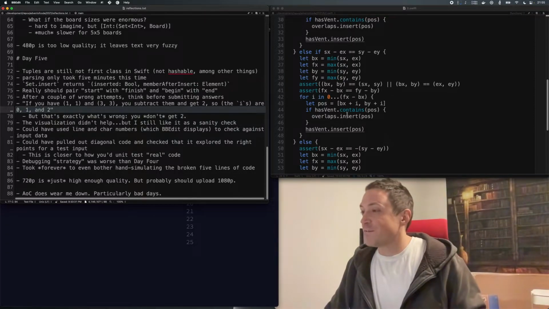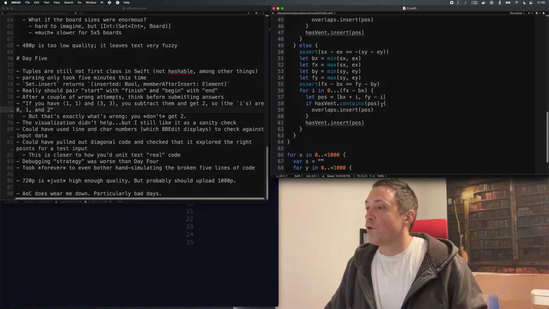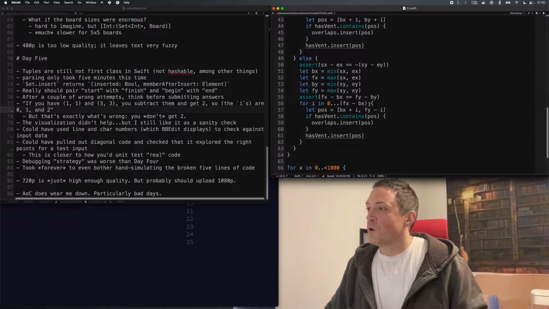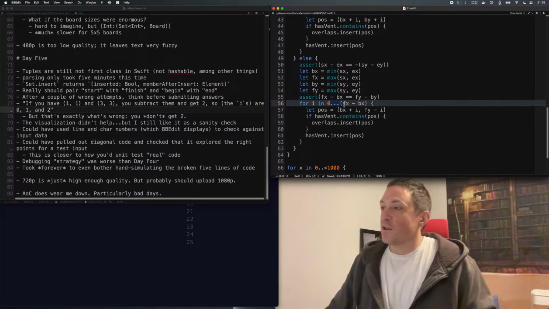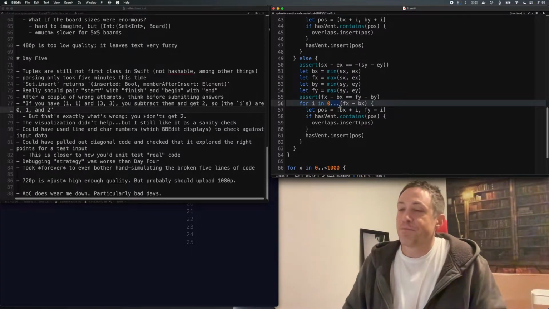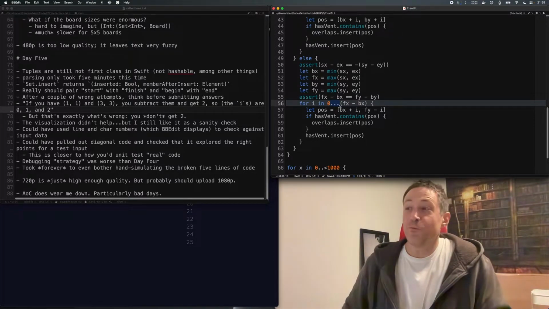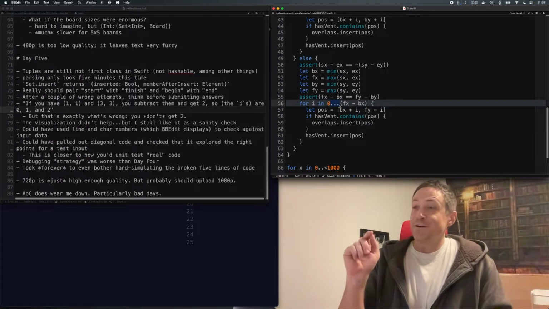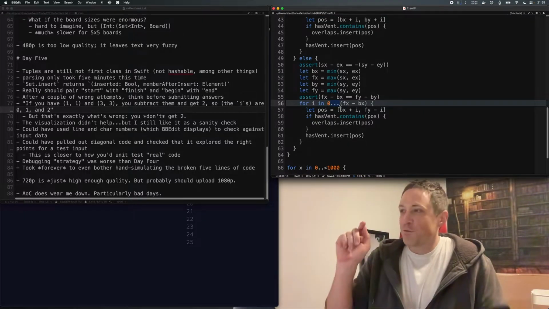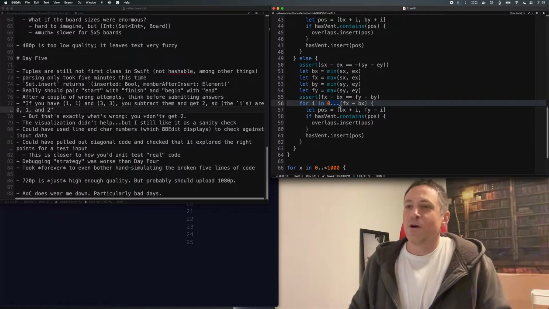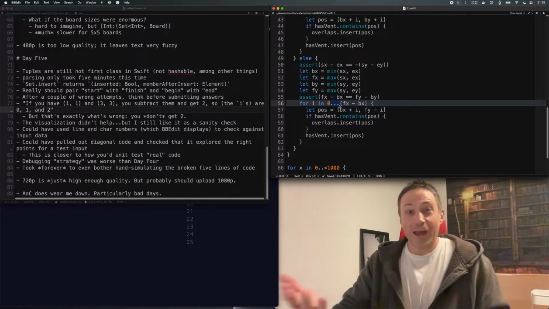That was my justification for making this a dot dot less than range. But of course, the words I said were exactly wrong, because 0 dot dot less than 2 gives you 0 and 1, and you don't get 2 at the end.